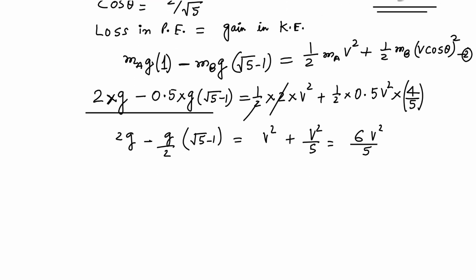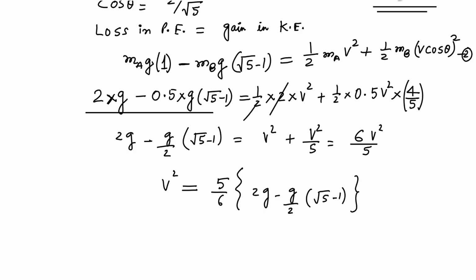So from here you can find V square is nothing but 5 by 6, and then this side you will have 2g minus g by 2 root 5 minus 1.